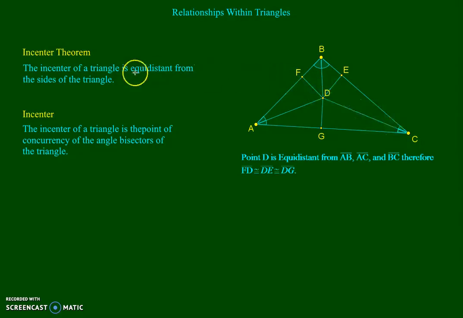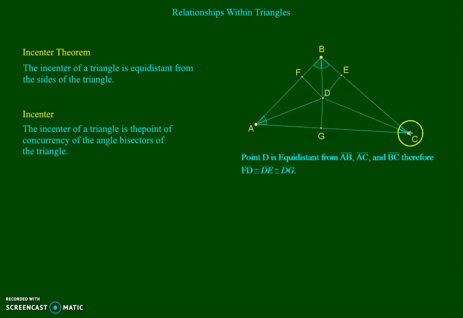And the incenter has the distinction of being equidistant from the sides of the triangle. As you remember from our angle bisector theorem, any point on an angle bisector is equidistant from the sides of the angle.